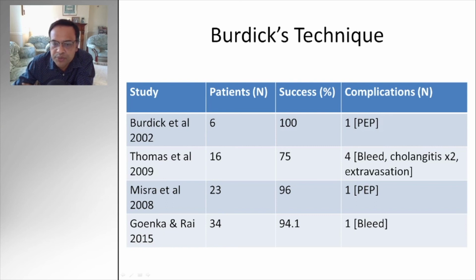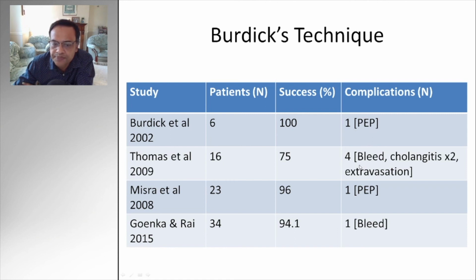Since the original description by Burdick, there have been 3 further studies using this technique. The overall success rate ranges from 75% to 100%. Some complications have been reported. In the original study, there was 1 case of post-ERCP pancreatitis amongst the 6 patients.